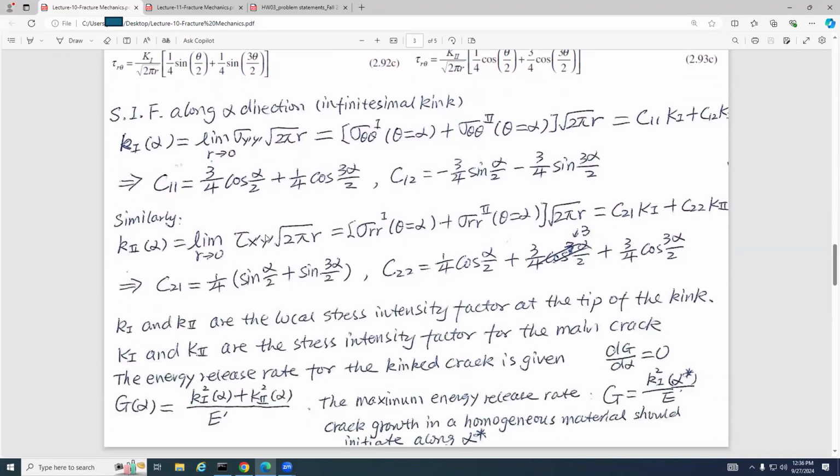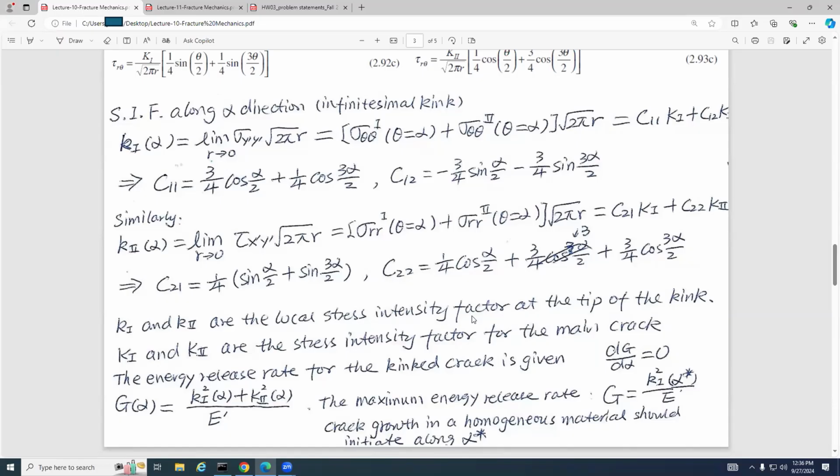You understand this? K1 and K2 are the local stress intensity factors at the crack tip of the kink. You know kink, right? It's a small crack. This is our bigger crack, and here might be a small crack.